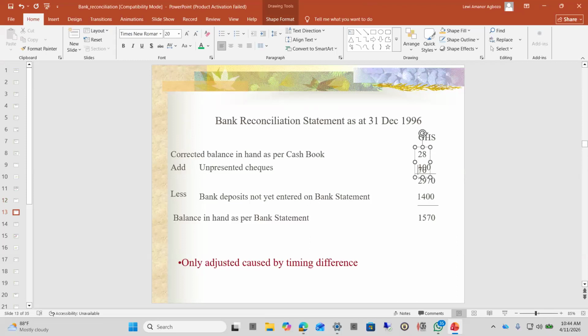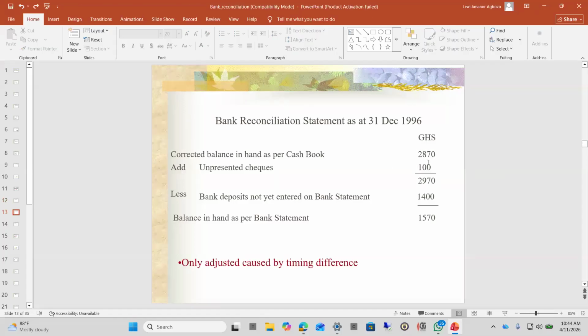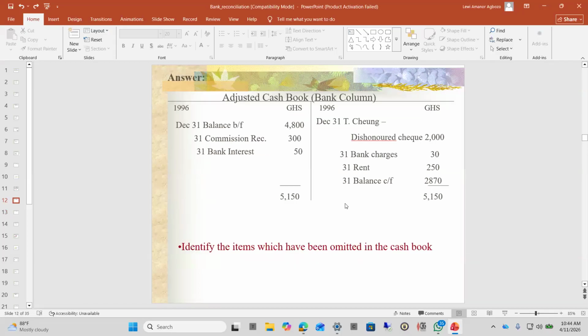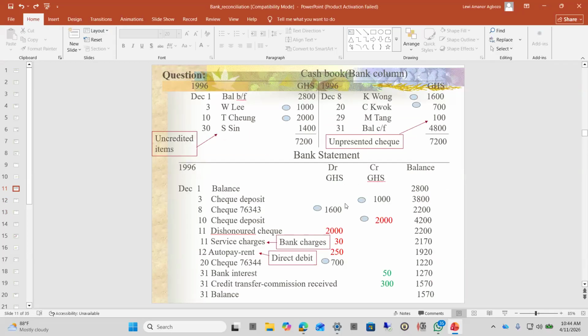Then, after bringing our adjusted cash book balance, the format tells us we should add all unpresented checks. Then we notice that during our first cash book, there was an amount of money issued to M. Tong. Look at it carefully. On 29th of December, we issued a check to M. Tong, 100 cedis.